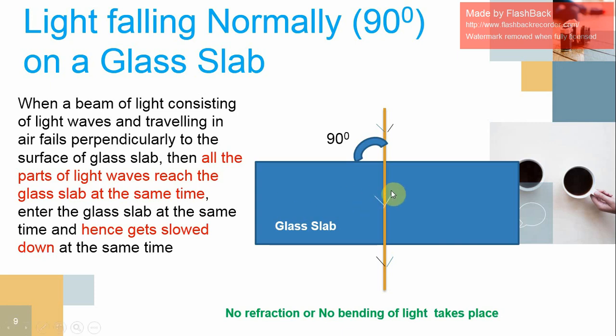After that, the light travels from glass medium to air medium. The same situation occurs: the speed of light is increased because light travels from denser to rarer. But there is no bending of light, that means no change in direction. The speed of light changes, but no bending of light takes place.